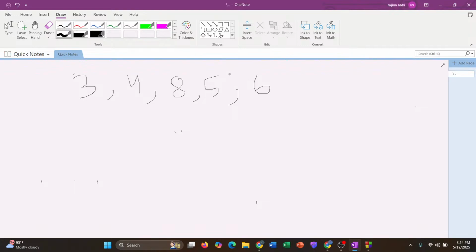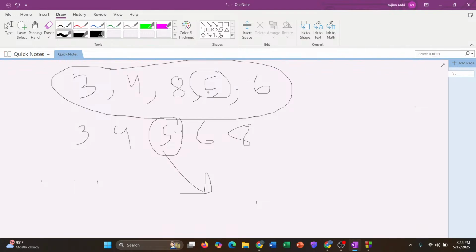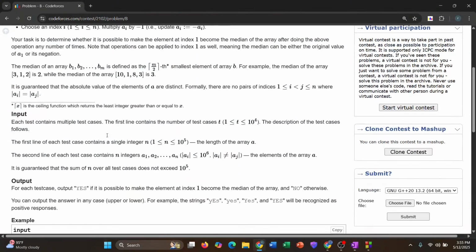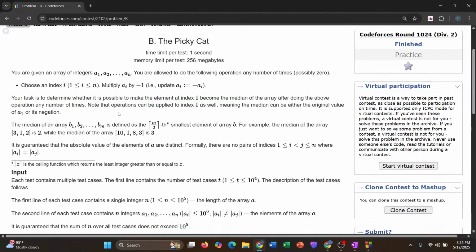If we sort the array, it will become 3, 4, 5, 6, 8. The median of the array means when we sort the array, the middle value is called the median. So in this case, the median of this array will be 5, because if we sort the array, it falls in the middle. I hope you guys get what the median of an array is.